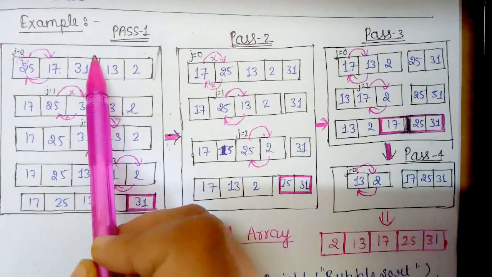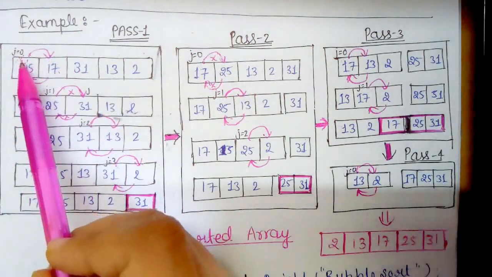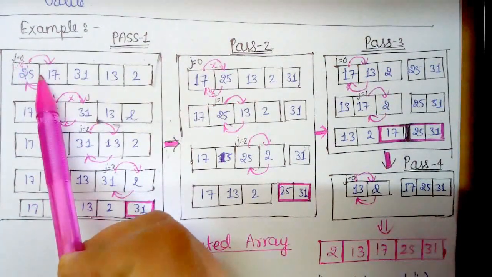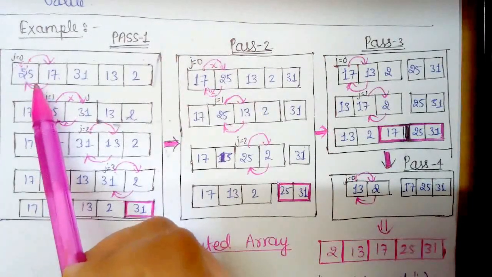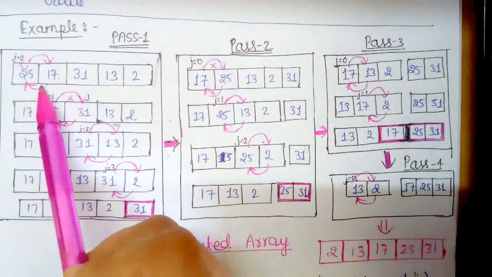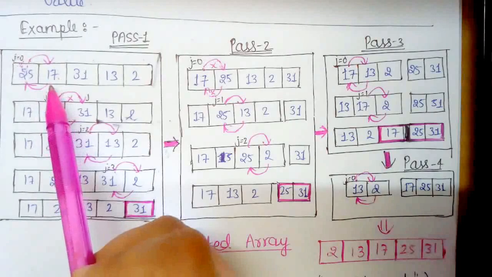If the smaller index has the greater value, it means they are not sorted in ascending order. So we will swap these two values so that we can place them in the correct position.